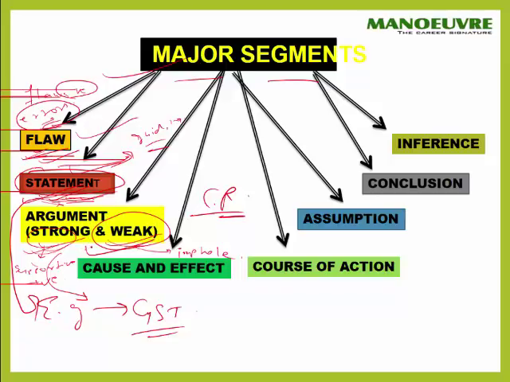When we say that, it is of course a weak argument because GST application has begun only this year. So we cannot talk about a rise of price due to GST since the last 2 years. So last 2 years is a weak part that we are adding to our argument. That is making our argument weak. That is showing us that GST is not the cause of the rising price of mobile phones, right? So this is something where we can say the argument is weak.